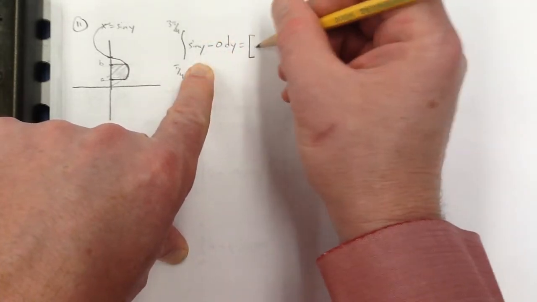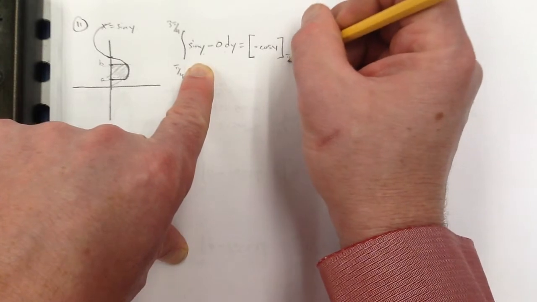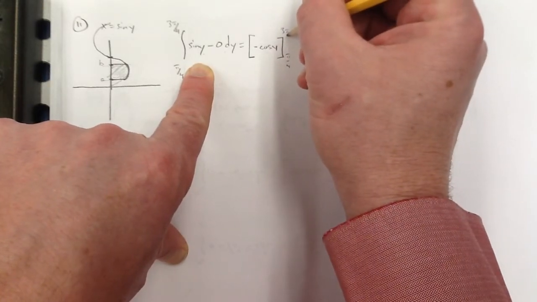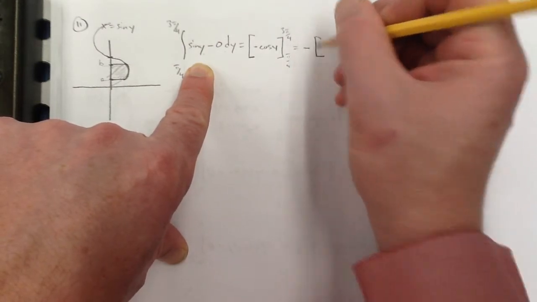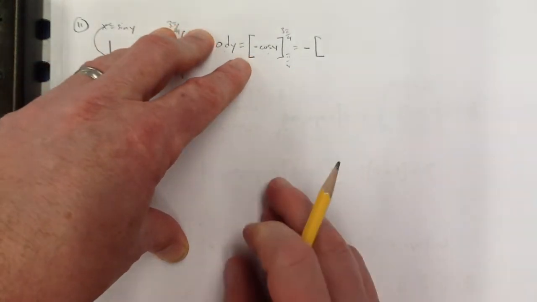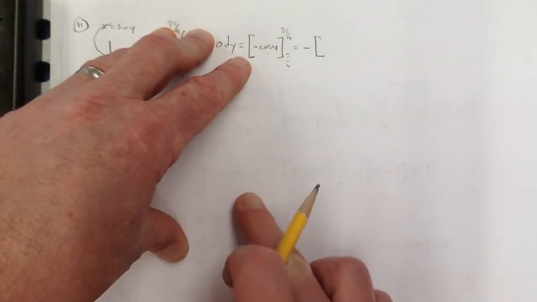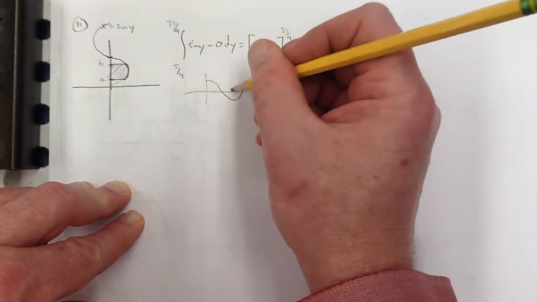What's the antiderivative of sine? It's negative cosine from pi over 4 to 3 pi over 4. That's a negative sign, a constant, so I'm going to bring that to the outside and just do the cosine. So cosine of 3 pi over 4. If you think about it, this is pi here.